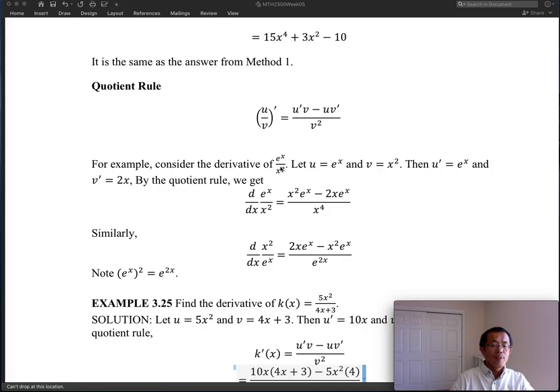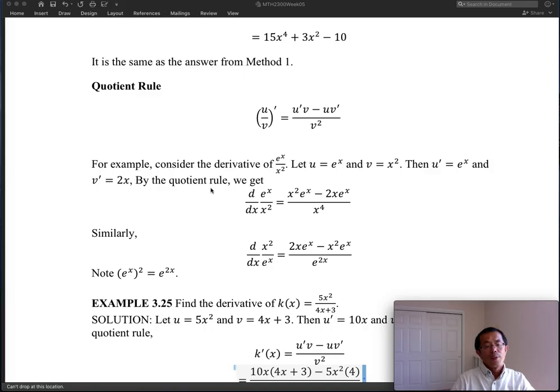How about let's take a quick look. If we are considering a function of e to the x over x squared, clearly this is a quotient. I'm taking u as e to the x, v as x squared. So u prime is e to the x, v prime is 2x.